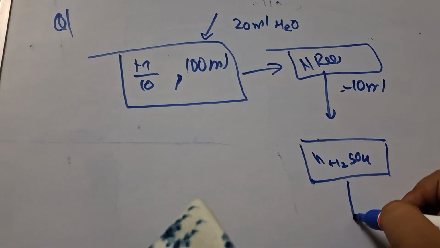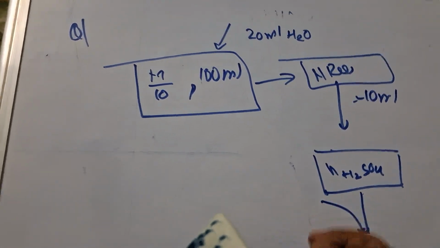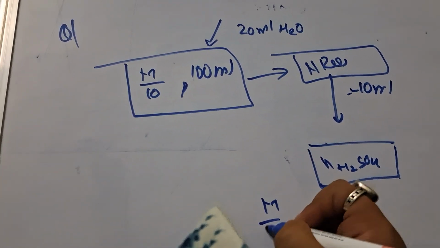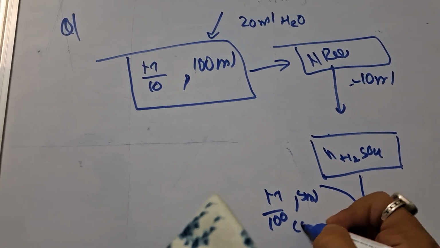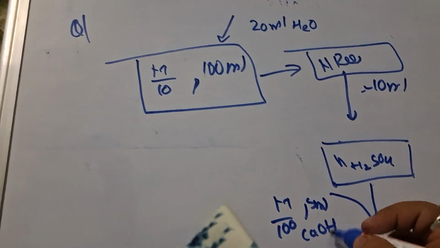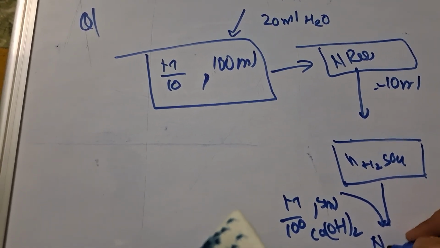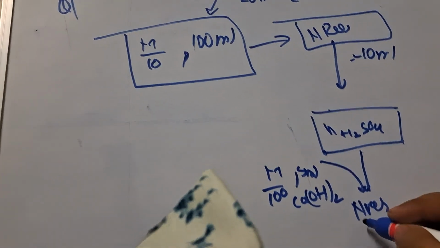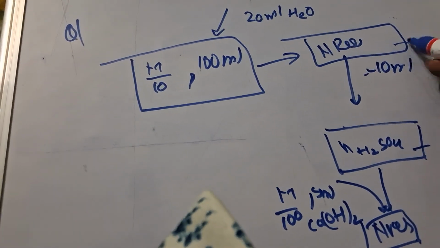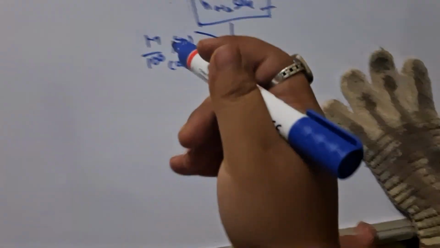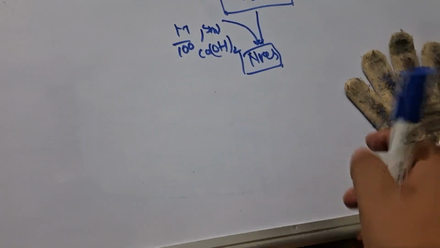Now you mix with this another solution of M by 100, 5 ml of Ca(OH)2, and then you will get an end resultant. Now find this, and this. Should be easy enough, right?